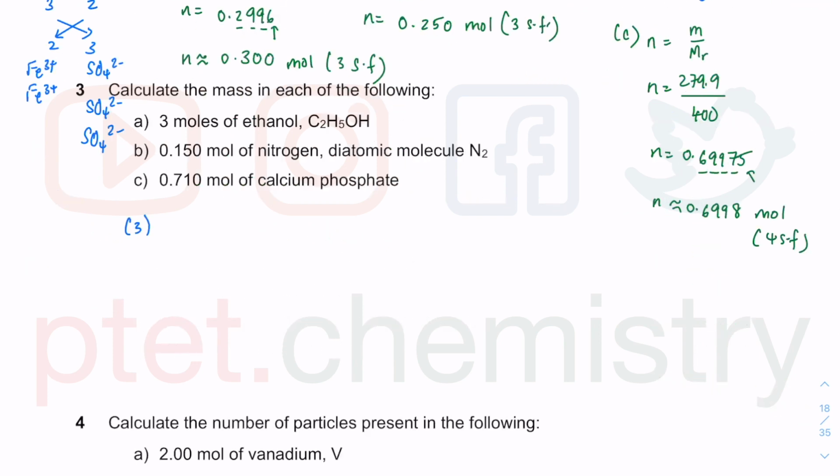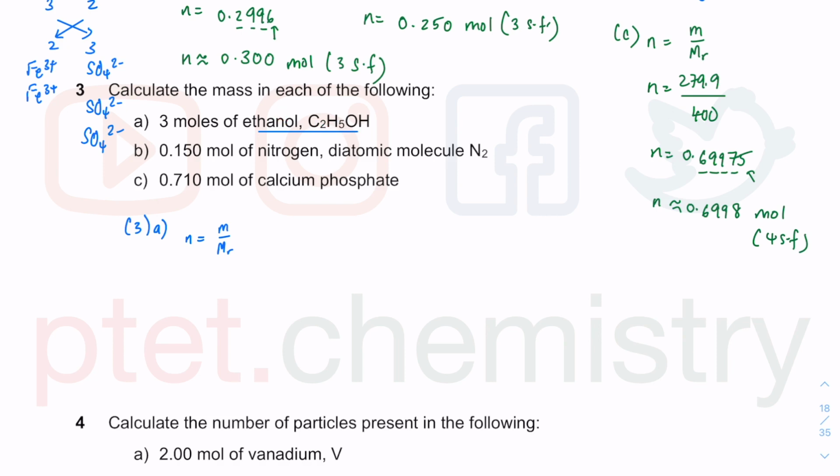Here in this question, we have 3 moles of ethanol. We know that mole equals mass over Mr. I should really put this down here. We have the mole. We can get the Mr from the periodic table by calculating or by totaling up the relative atomic mass for however many atoms we have.